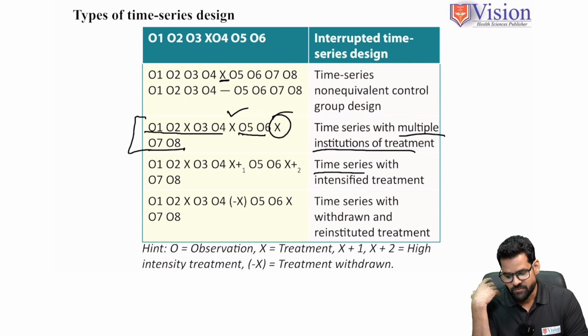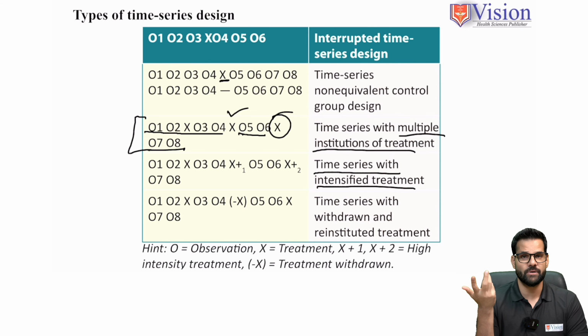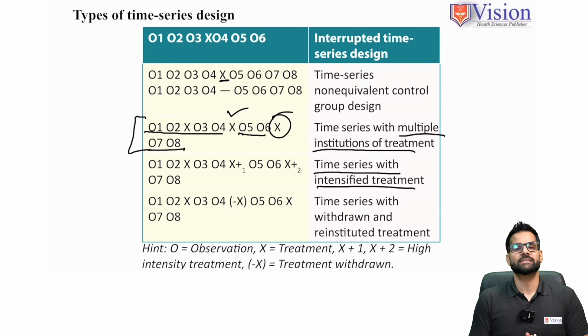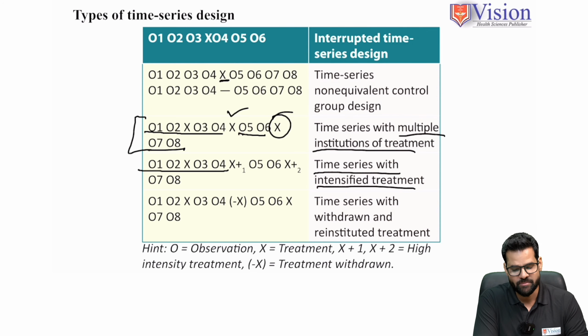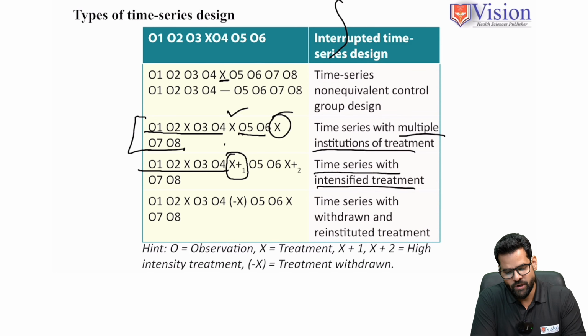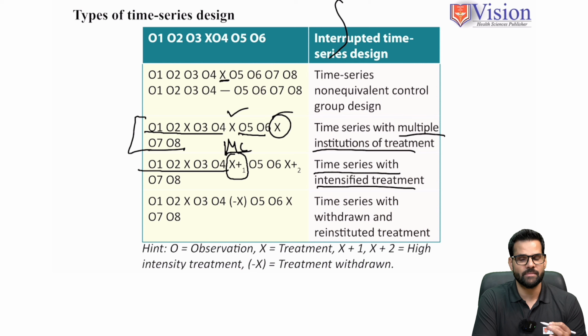Next is time series with the intensified treatment. The name itself says intensified treatment means where you increase the dosage of the treatment. As you can see, initially you made observations 4 times on the same subject. Then let's say you introduce one particular intervention, motivational counseling to overcome the burnout.